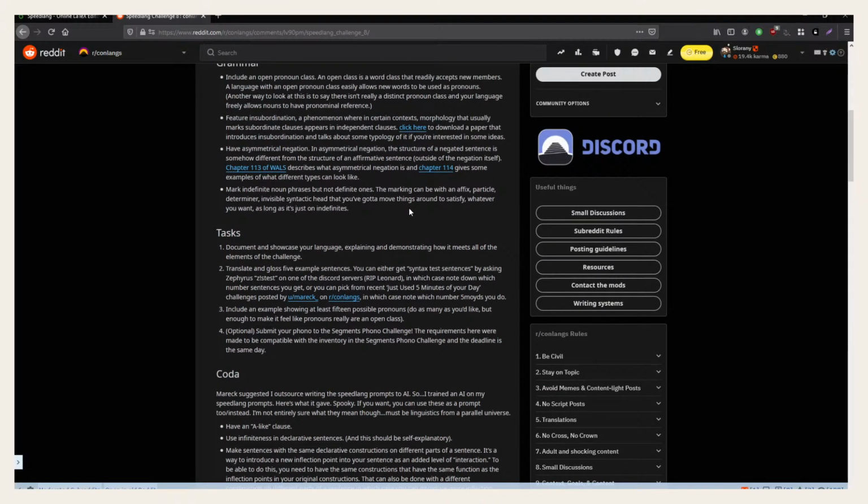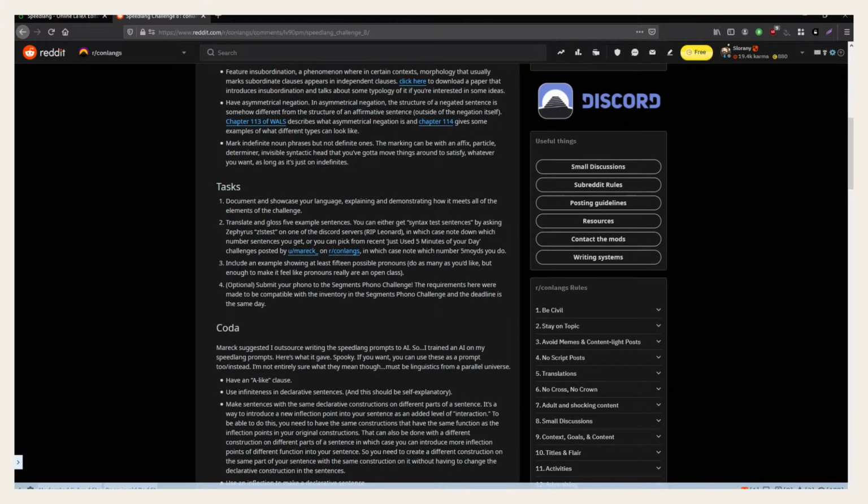So, tasks. 1. Document and showcase your language, explaining and demonstrating how it meets all the elements of the challenge. Yeah, so basically just make a draft. I gloss 5 example sentences, that's fine. Include an example showing at least 15 possible pronouns. Okay.